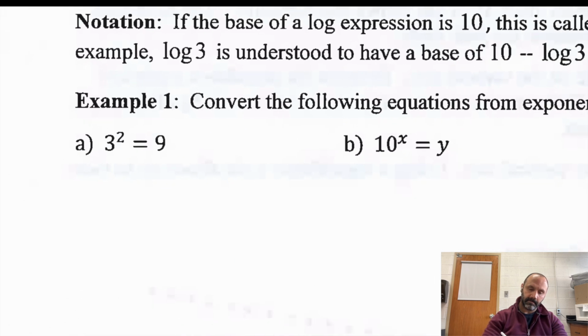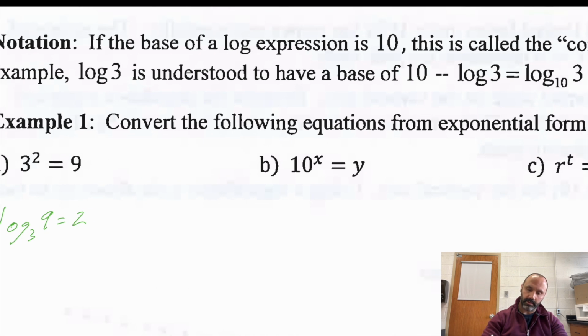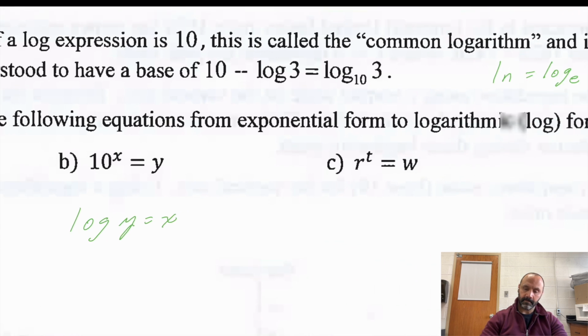First example, we're going to convert the following equations from exponential to logarithmic form. So this would be log base 3 of 9 equals 2. Again, what that means is 3 to the second power equals 9. Then this one is log base 10, so I don't have to write the 10. I'm going to leave it out for now, just so we practice seeing it. Log of y equals x.